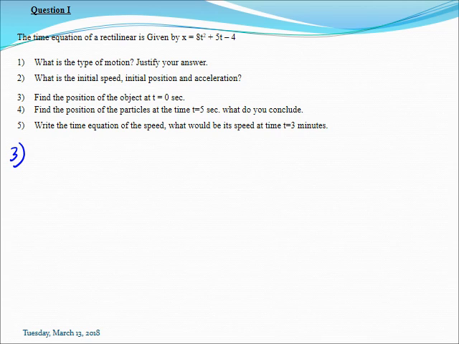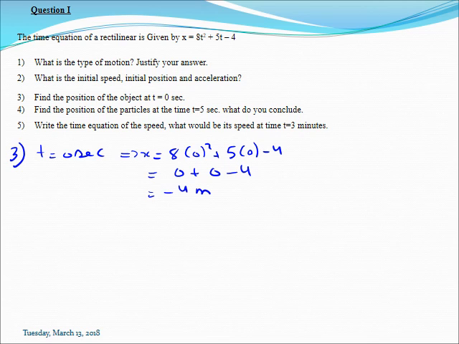Number 3. Find the position of the object at t equals 0. At t equals 0, x equals 8 times 0 square plus 5 times 0 minus 4 equals 0 plus 0 minus 4 equals minus 4 meter. So x equals minus 4 meter. Number 4.